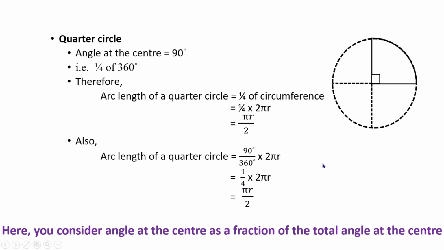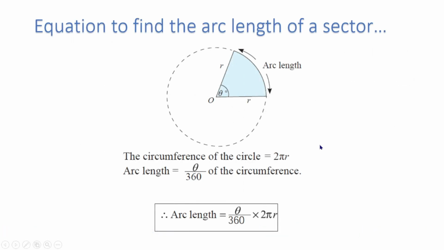So here we consider the angle at the center as a fraction of the total angle at the center, that is 360 degrees. By considering this fraction, an expression can be obtained to find the arc length of a sector having a radius r and angle at the center of theta.